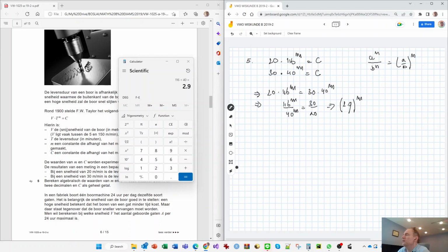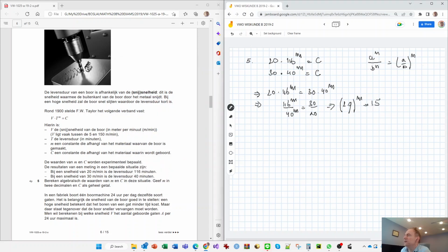Some basic skills. And it's 1.5. So now we see the base is 2.9. Of course, we want to take the logarithm with base 2.9 to isolate m.